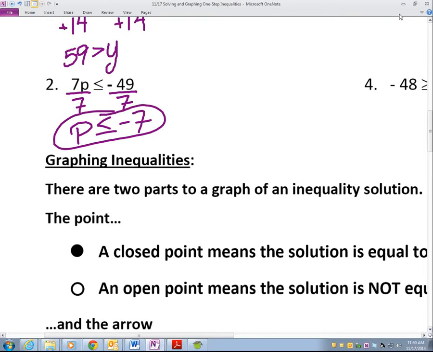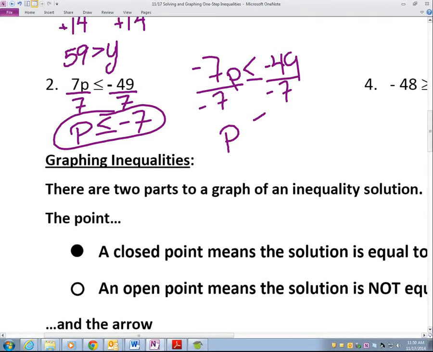No, like if that 7p was negative. Okay, so you're saying if it was like this, negative 7p is less than or equal to negative 49? Yeah. Okay, so then I would do this, divided by negative 7, divided by negative 7, p is greater than or equal to 7.